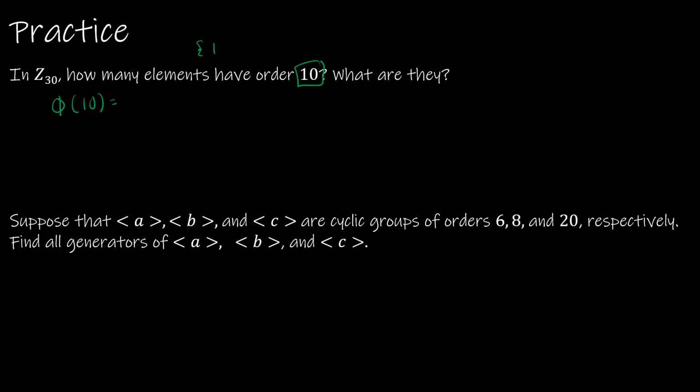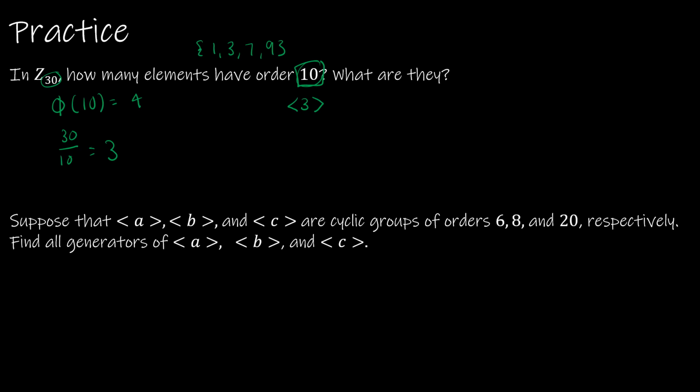That would be 1, not 2, 3, not 4, 5, or 6, 7, not 8, and 9. So phi of 10 is 4. So there are 4 elements of order 10. How do I find the elements of order 10? Well, that's where I'm going to take 30 divided by 10 to get 3. So one generator is 3.